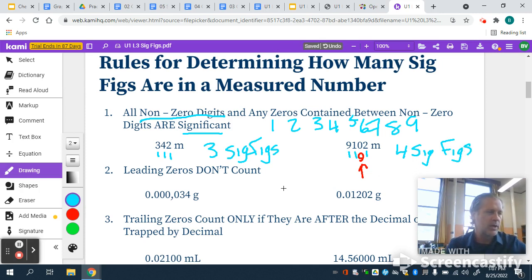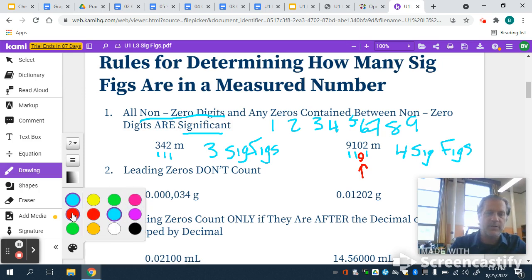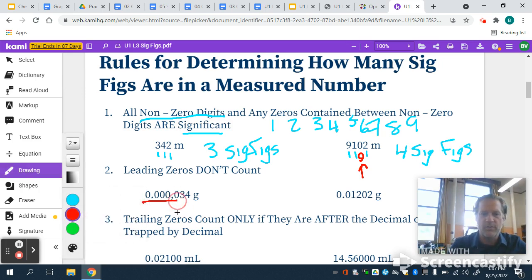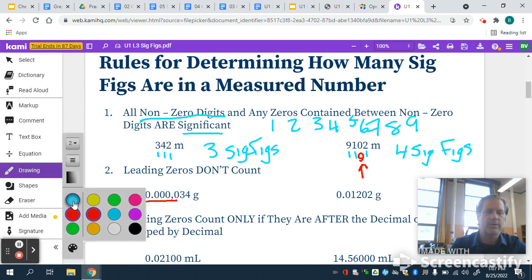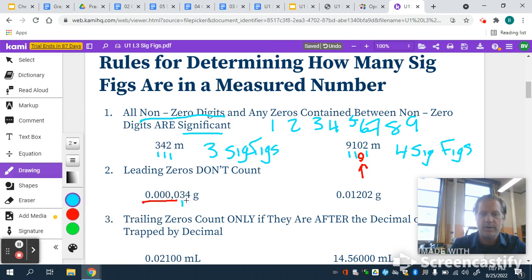Now, that's the first rule. The second rule says leading zeros don't count. Sometimes I'll say out loud, leading zeros are never heroes, because that's how I remember it. Zeros in the beginning of a number are not significant. So all of these zeros right here are not significant, whereas the 3 and the 4 are significant because they're non-zero digits.